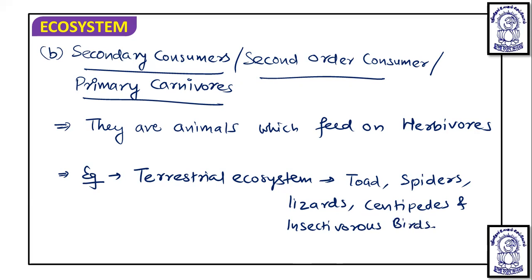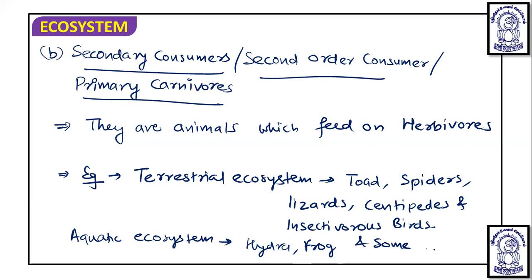These are terrestrial ecosystem examples of primary carnivores or secondary consumers. And in the aquatic ecosystem, the secondary consumers or primary carnivores are hydra, frog, and some fishes.